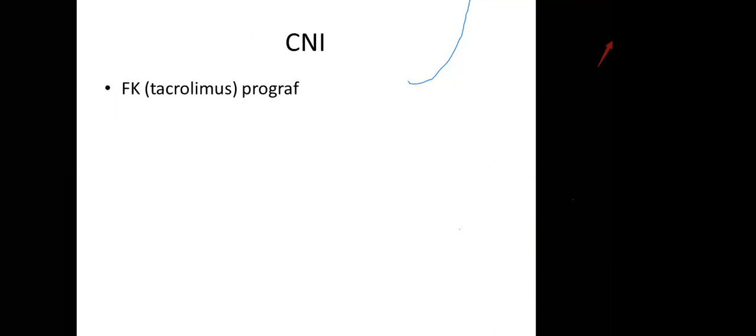Finally, CNI, we have 2 drugs. We have the FK, which is called tacrolimus. How can we prescribe tacrolimus? For example, we have a patient of 100 kilograms. Its dose is 0.1 to 0.2 milligram per kg.